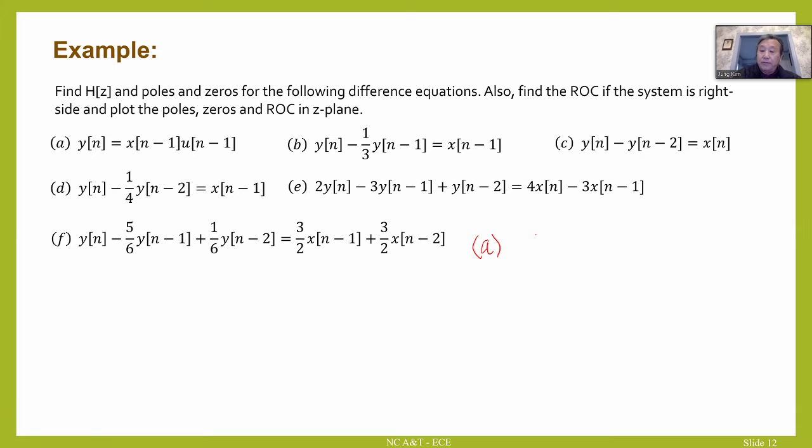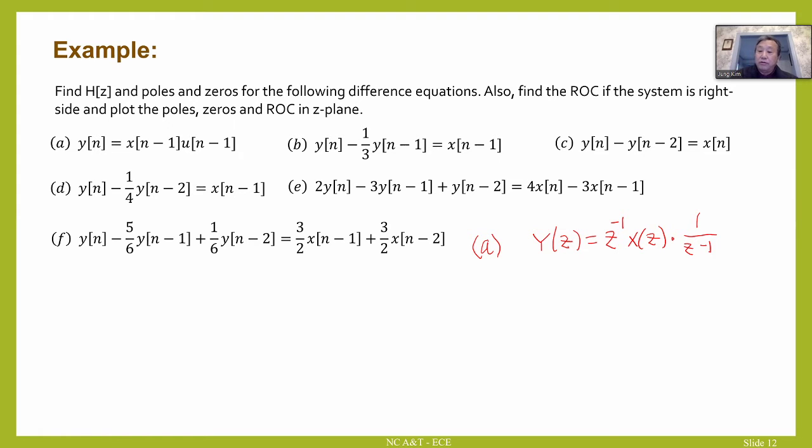So the first one is just Y of z. There is one delay, so this is z to the minus 1 X of z, and 10 times, so that is 1 over z minus 1.